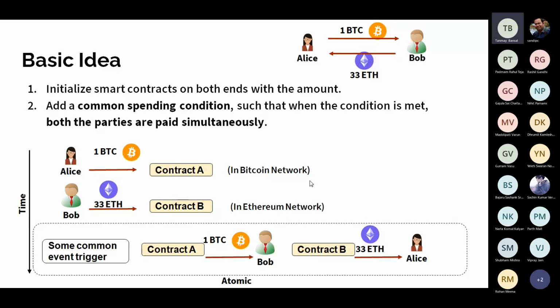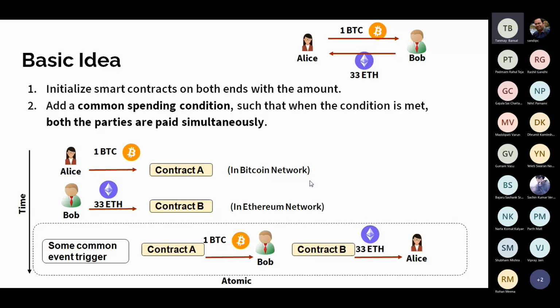So how is it done? If you see that simple example, Alice would publish a contract A in the Bitcoin network, which says that it would pay 1 BTC to someone who is able to meet that condition. And Bob would create a contract in the Ethereum network that says that when this is done, then the 33 ethers would be paid.